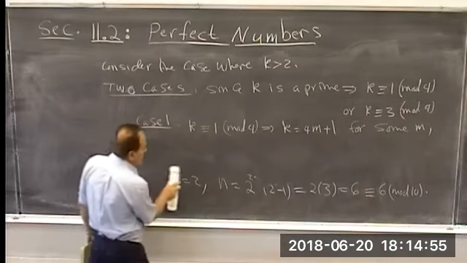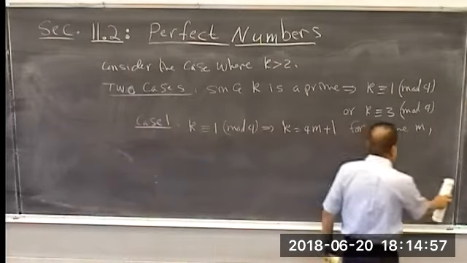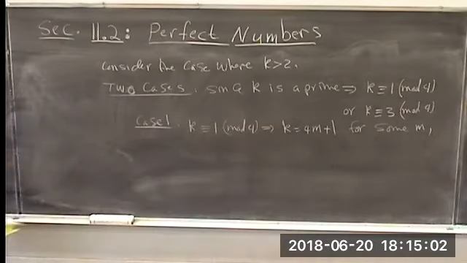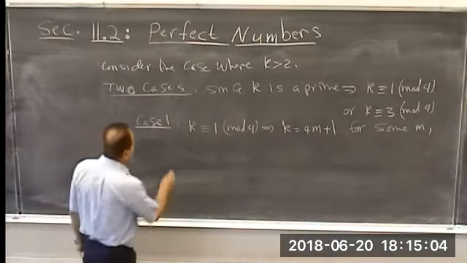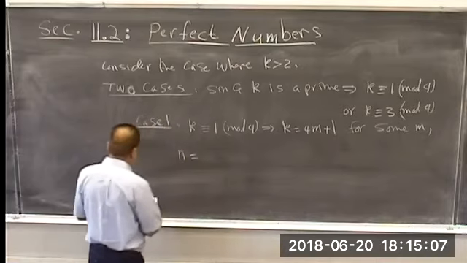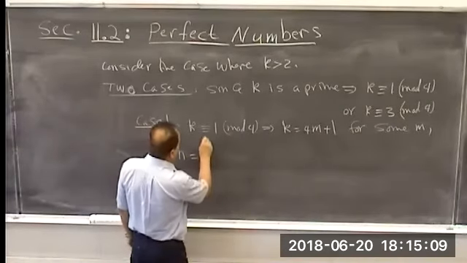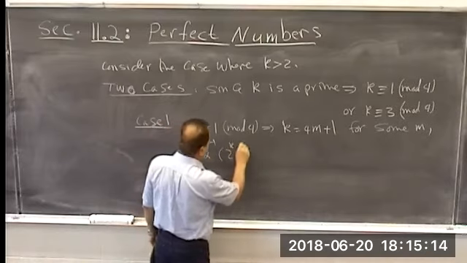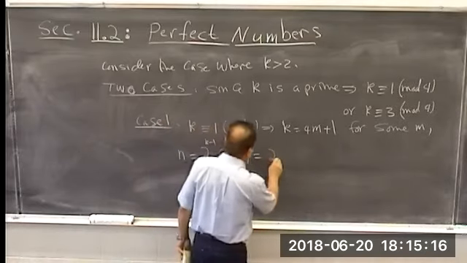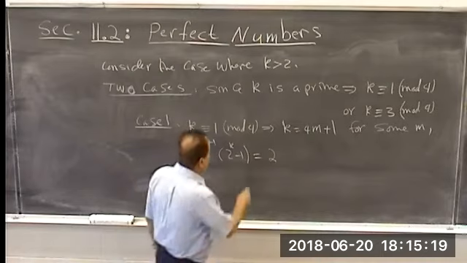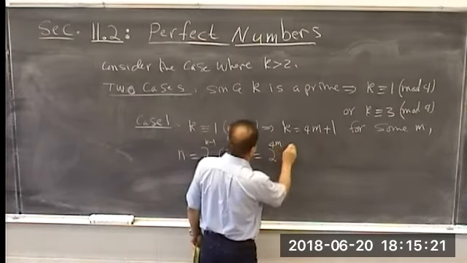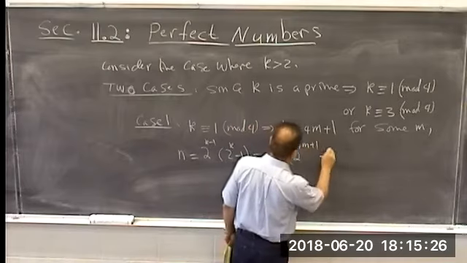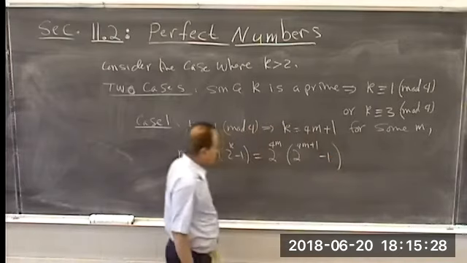And let's look at what the n is going to look like in this case. All right. In this case, n is equal to, remember, 2^(k-1) times (2^k - 1), which is 2^(4m) times (2^(4m+1) - 1).